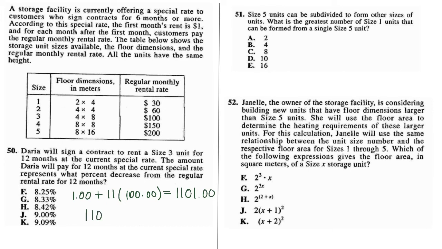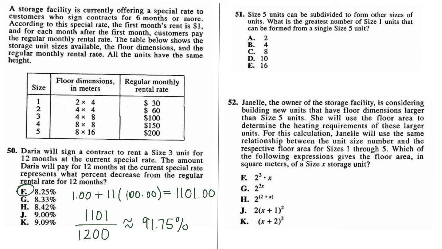So I have 1101 over 1200. So that's going to be roughly 91.75%. And so what % decreases that? So we're going to take our 100% and subtract those. And if we do that, we should get 8.25%. So that's going to be answer choice F.